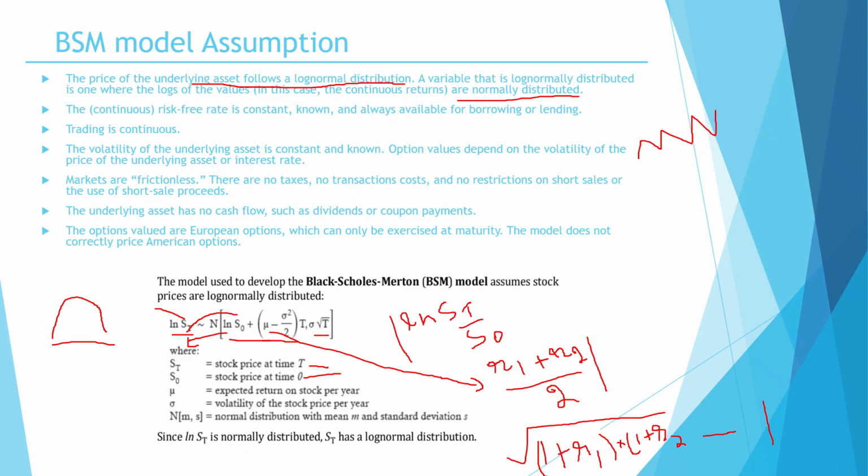If the volatility factor is not constant, then the BSM model will not give the correct result. We will not have normally distributed returns, and the BSM model will give an incorrect result in that case.